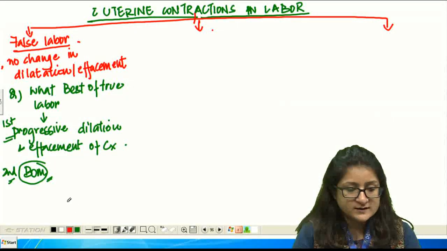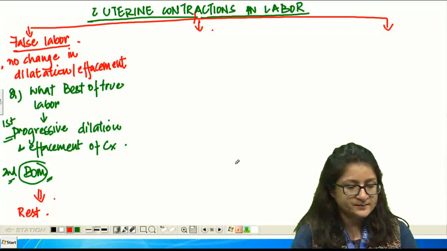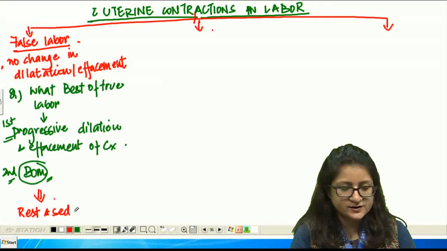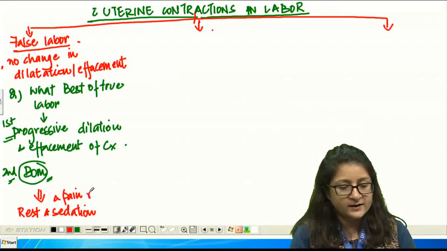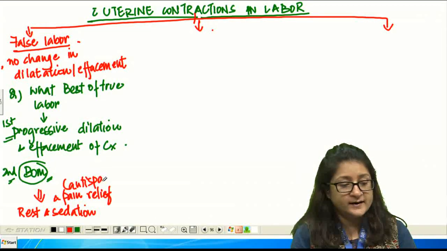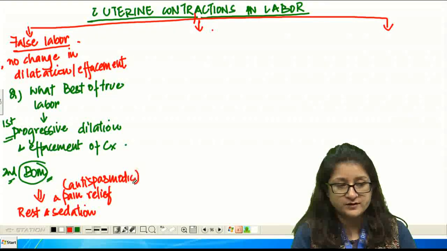So if she is in false labor, she does not need to do anything. She just needs rest, right? Rest and sedation and pain relief. Pain relief in the form of antispasmodics will be able to relieve this false labor pain of hers, right?